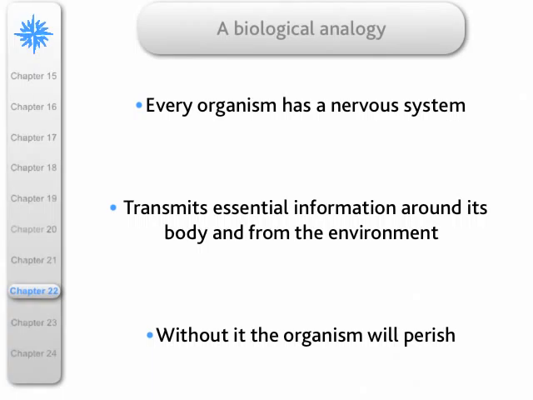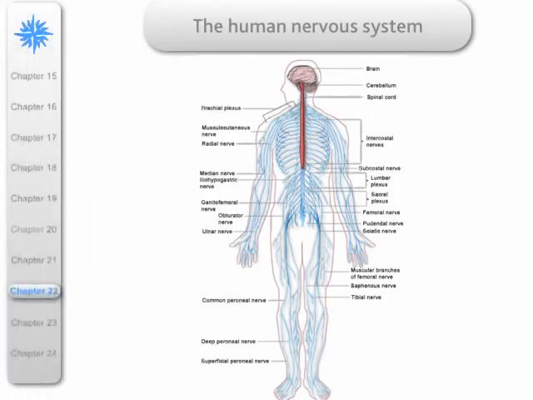All this is very confusing, and one of the ways that I have sought to understand it is to use a biological analogy. Every organism has a nervous system, and the nervous system transmits essential information around its body and from the environment. Without it, the organism will perish. And in terms of the human nervous system, here is a diagram of it.